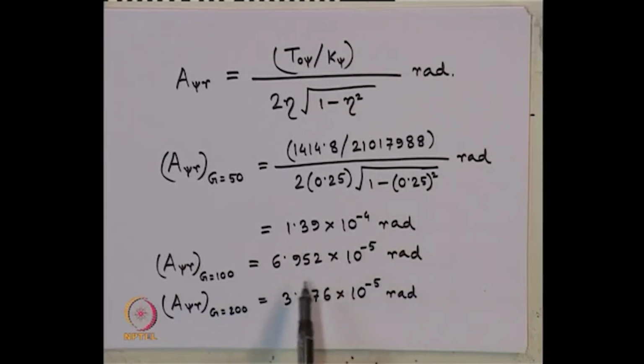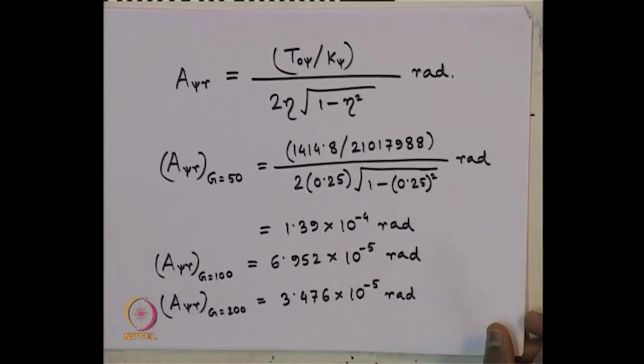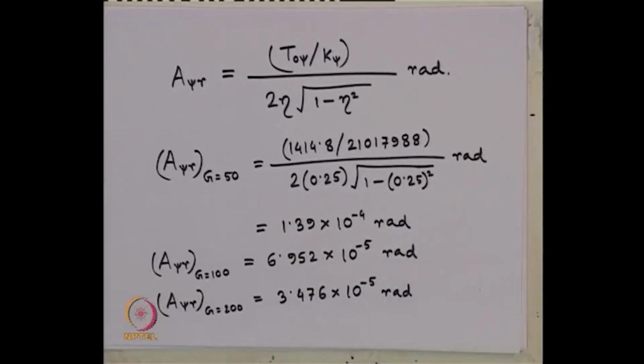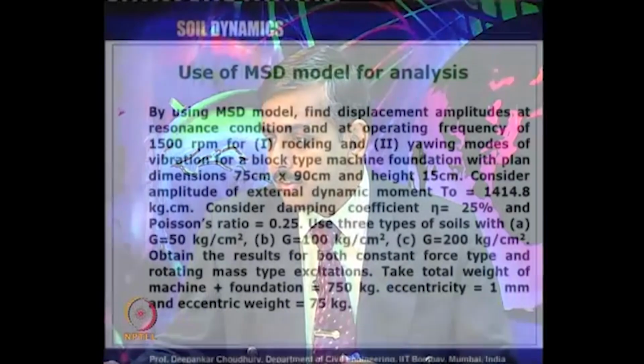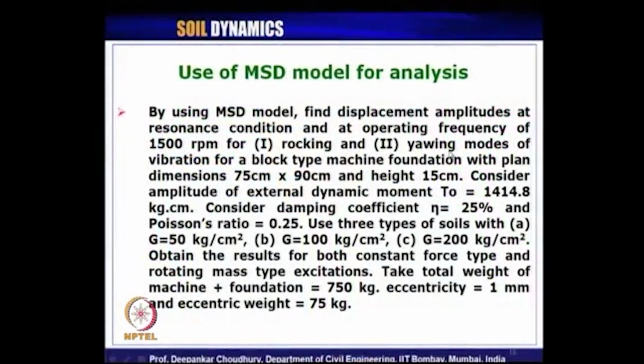You can check whether the calculated values for resonance condition are bigger than the operating frequency values or not. If not, then probably some calculation mistake has been made somewhere. So, for a design or a design check, this way we have to carry out the calculations. So, this completes the rocking mode of vibration case. Now, let us move to the next case, that is the yawing mode of vibration.